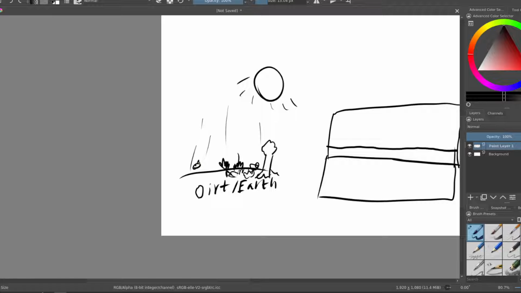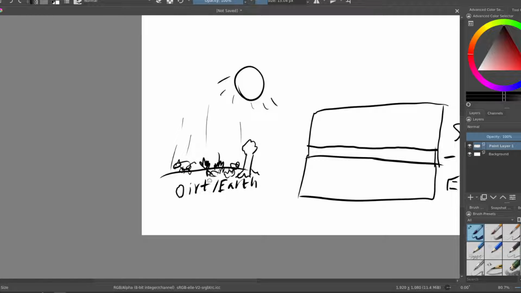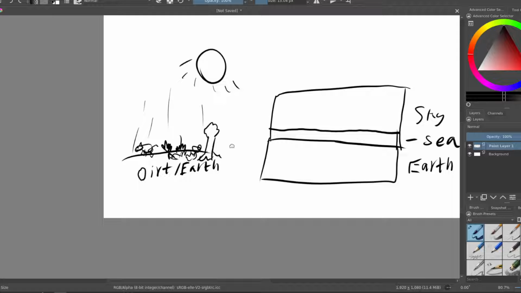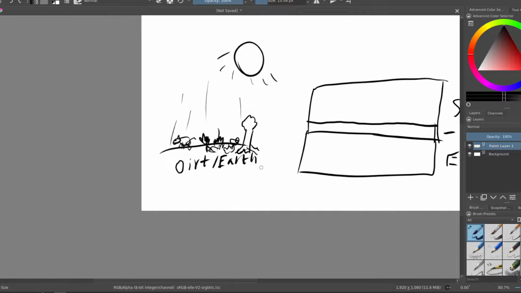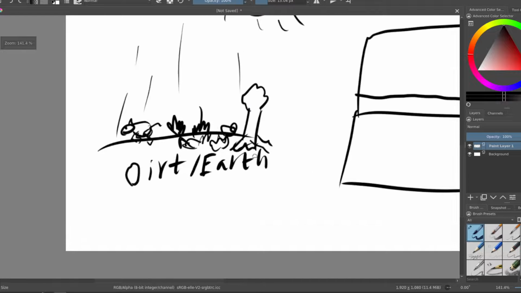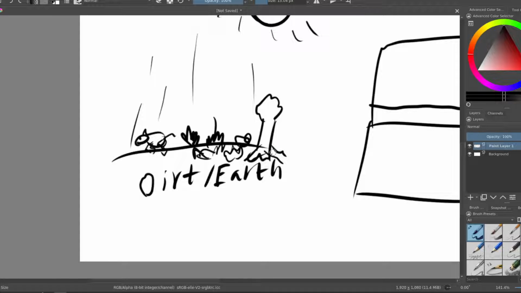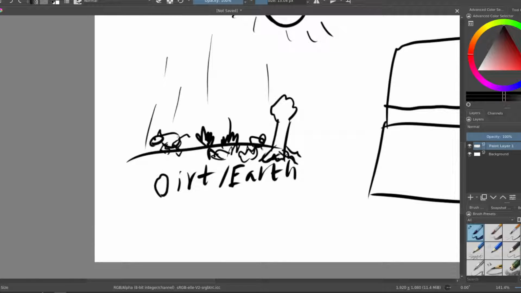I have a little animal here. Animal is kind of like a, what do you call it? It's not bound to the earth. The roots of the plant here is bound to the earth. It's a little bit larger. The roots of this tree is bound to the earth. The roots of this weed is locked in there.